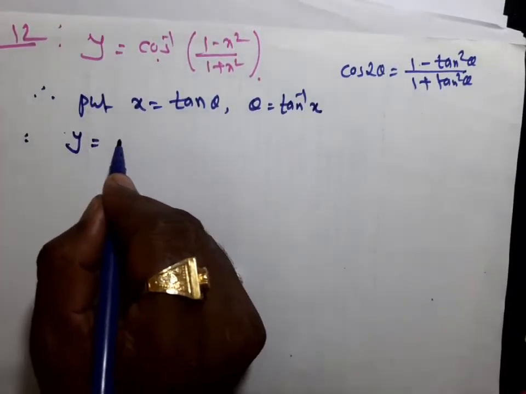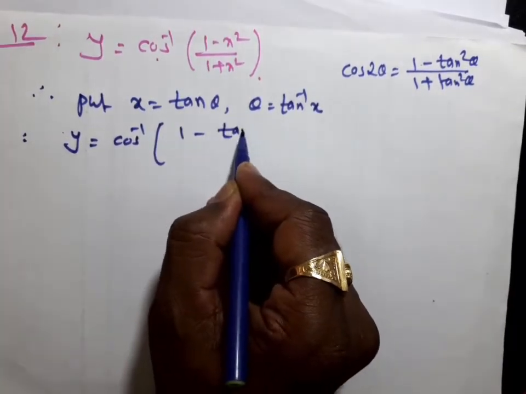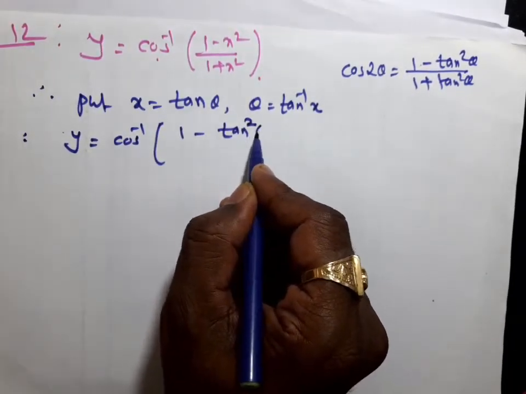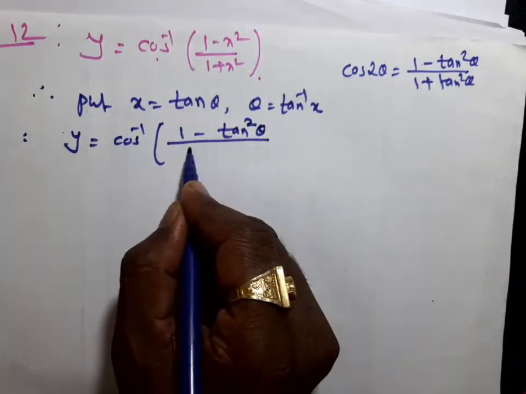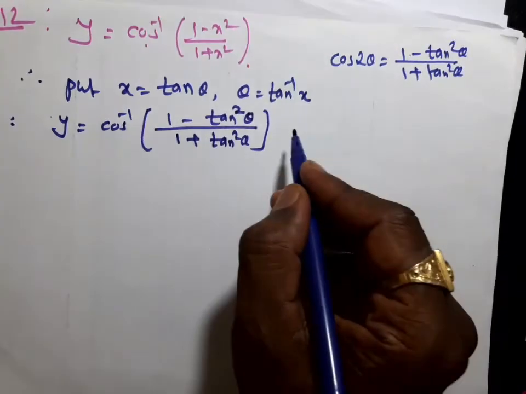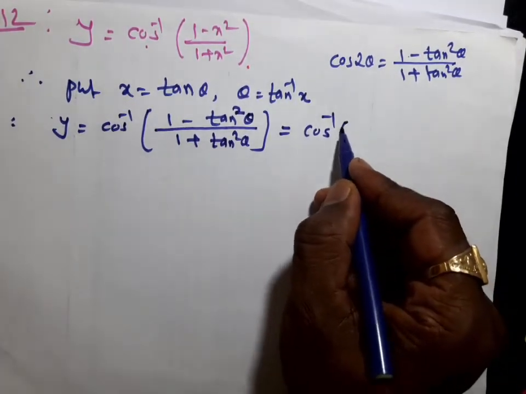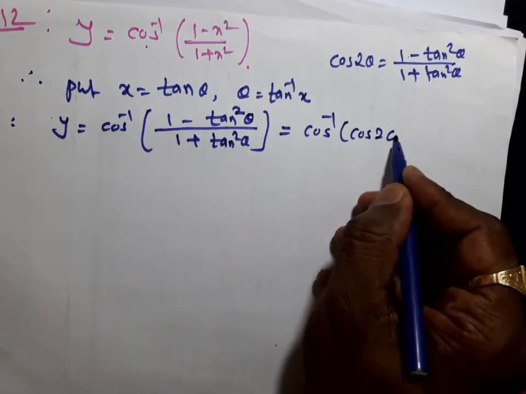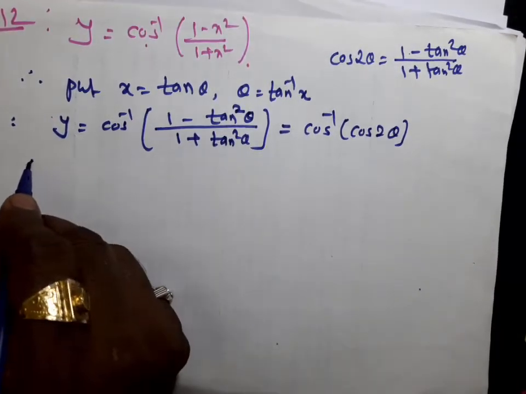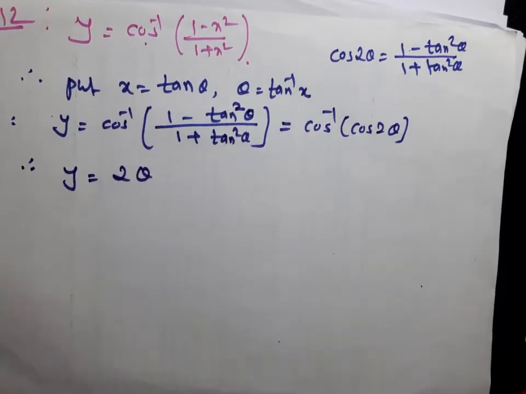Therefore, y is equal to cos inverse of (1 minus tan square theta) upon (1 plus tan square theta). This is equal to cos inverse cos 2 theta, and therefore y is simply 2 theta.